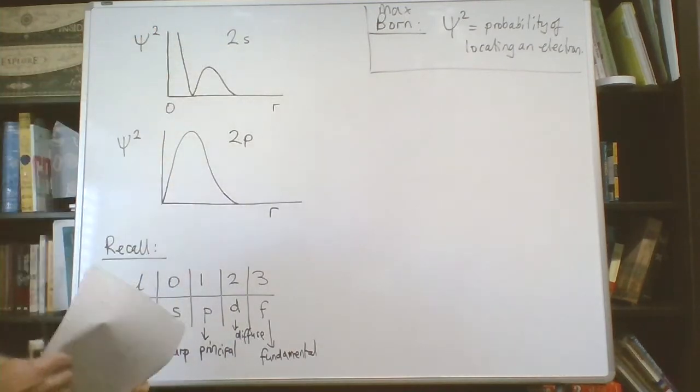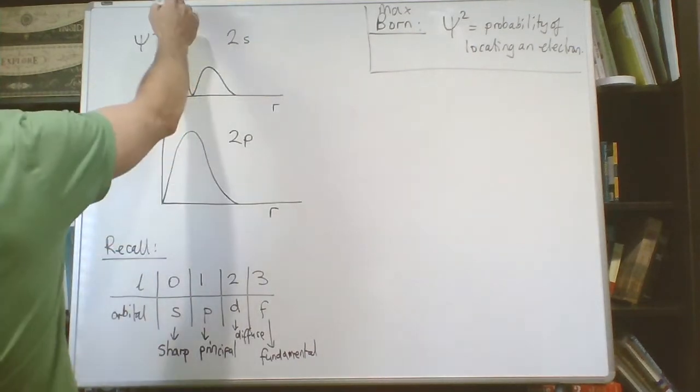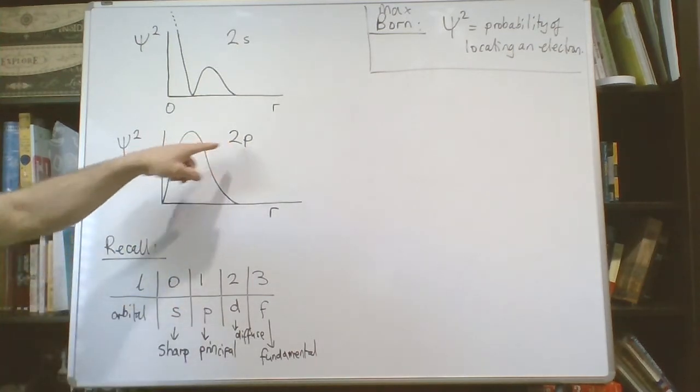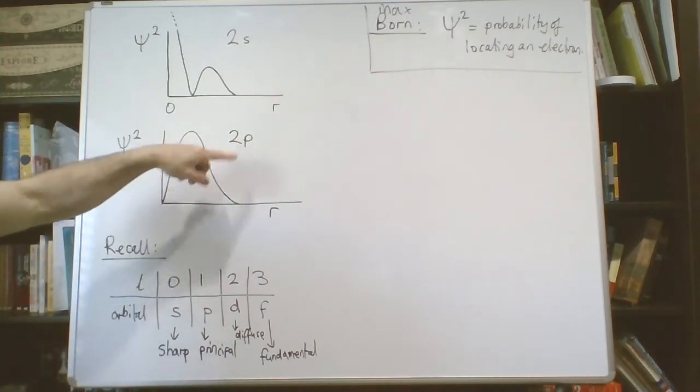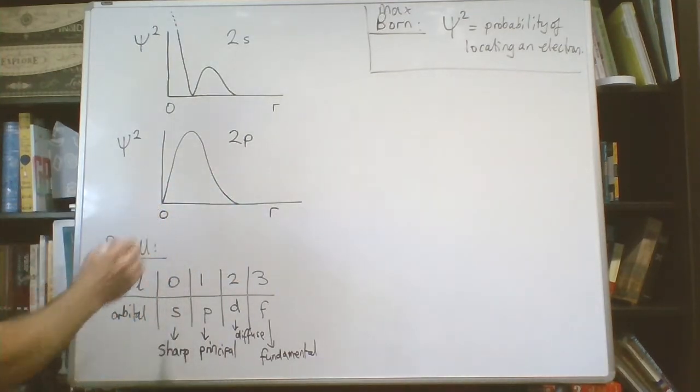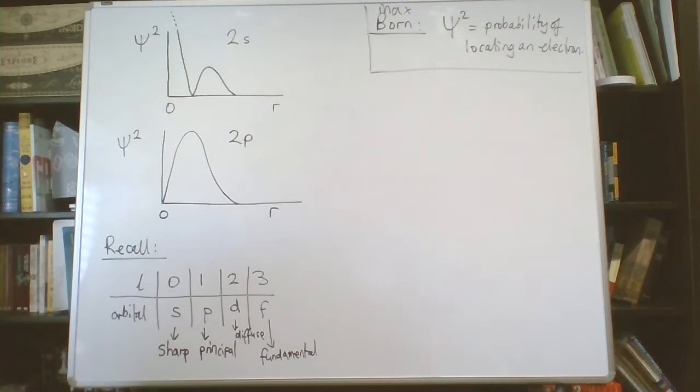So the area under this curve, you are most likely to find the 2s electron at the nucleus, whereas strikingly different, if you're a 2p electron, you have 0 probability of being located at the nucleus. So we know that s electrons can penetrate the nucleus, and we'll see why. It's essentially because they have 0 orbital angular momentum.